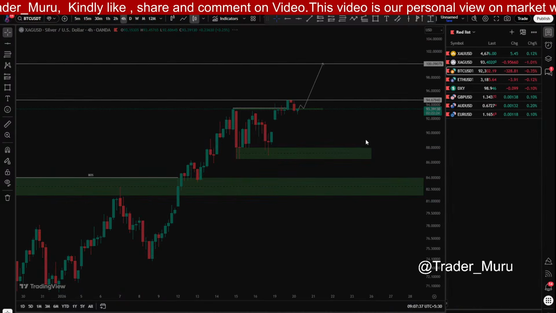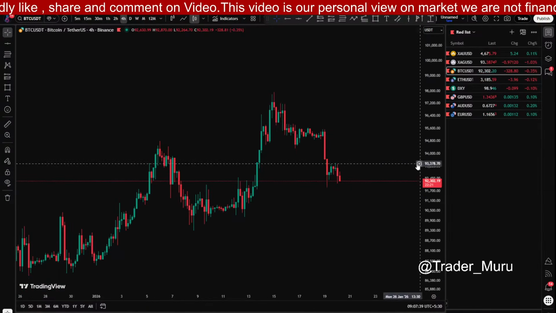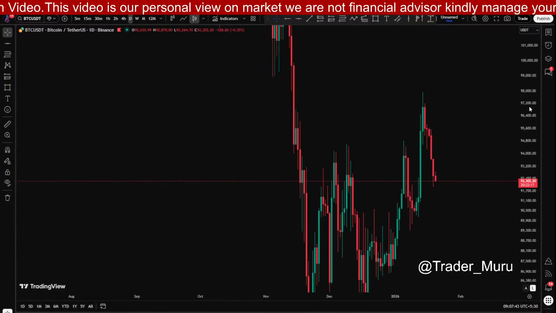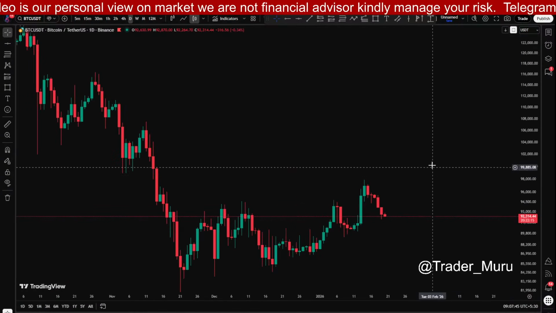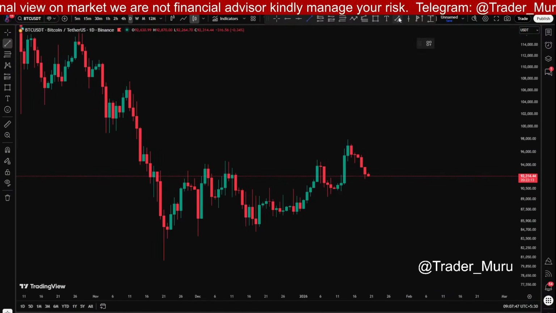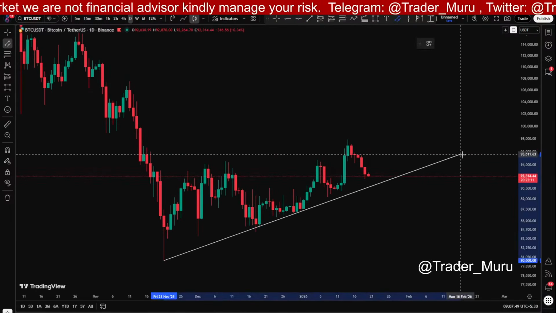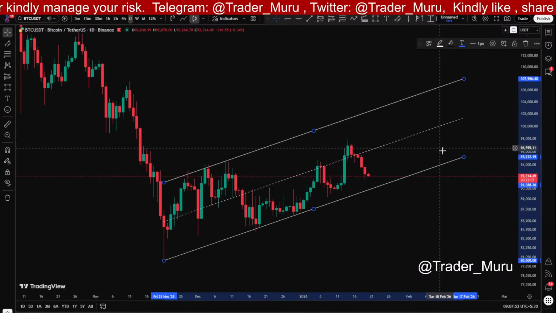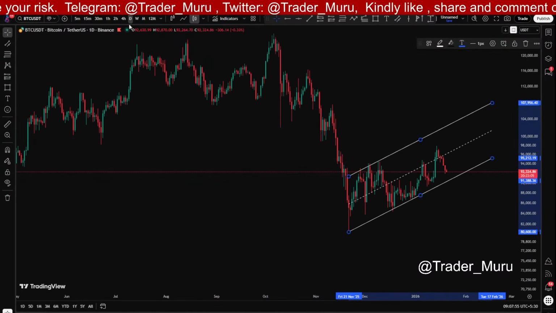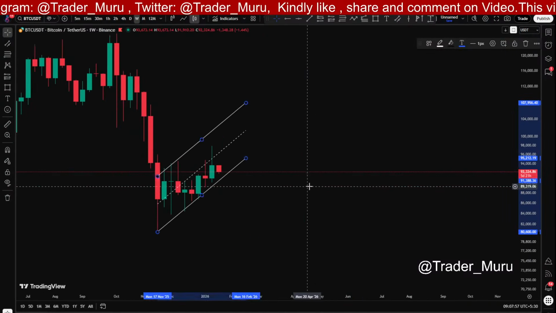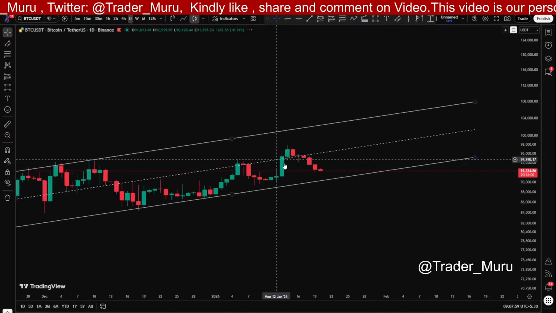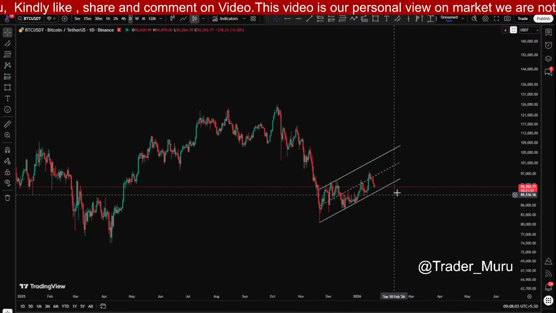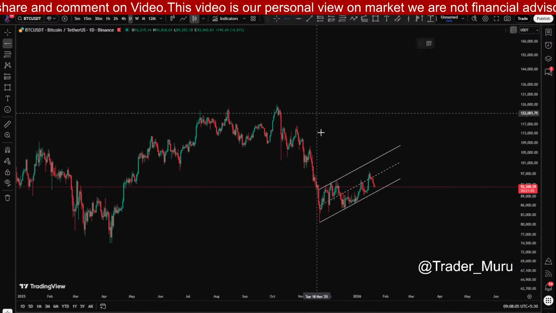Now let's see BTC. BTC is still bullish. In daily time frame we have this channel running here, and as I said, whenever an asset falls and has a first correction, it will create a bear flag pattern, then it breaks below it and drops more.